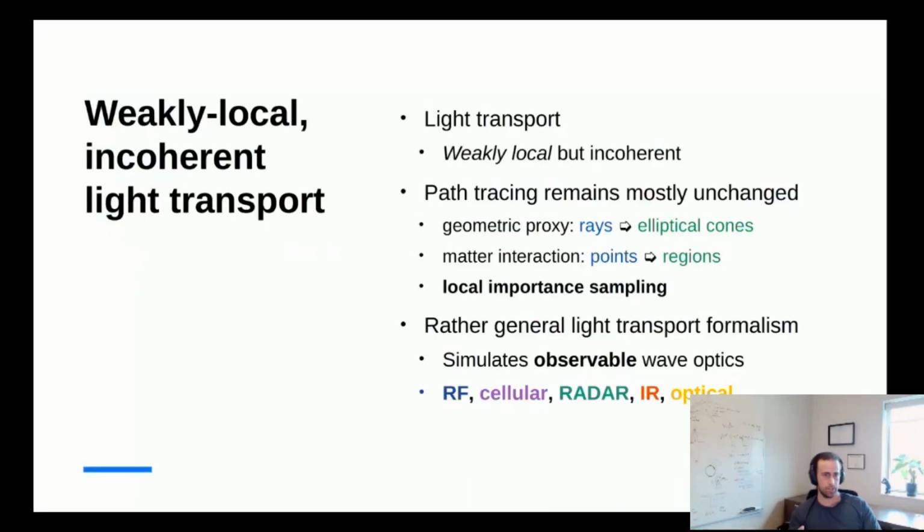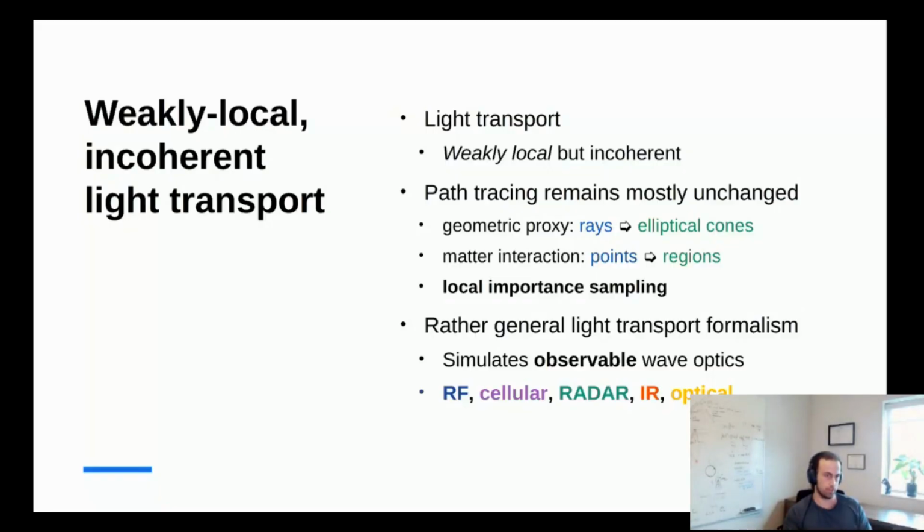So to summarize, wave optical light transport under those tools that have been developed takes the route of being a weakly local incoherent light transport framework. The incoherence allows us to do good sampling of paths and apply path tracing in a way that is very similar to the classical case.